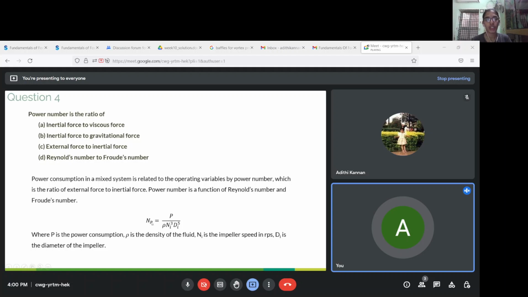So you can see here that your power consumption is related to the density of the fluid, the speed at which you are rotating the impeller, and D_i, the diameter of the impeller that you are using. So your power is related to your operating variables through your power number. So the answer to this question is option C.